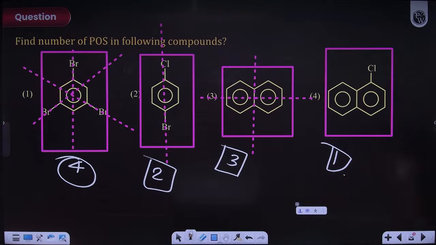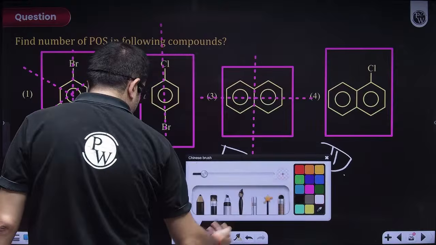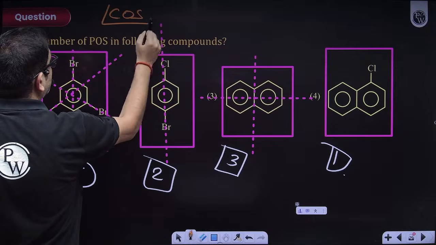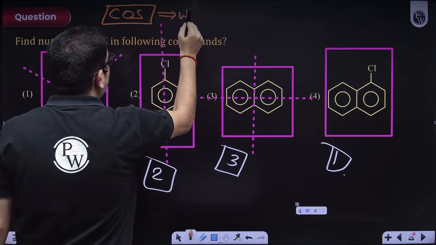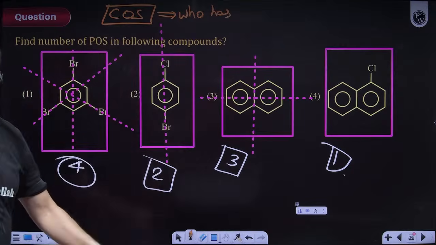Now I am asking one extra question. Among them, not very much required, but if I ask you, who among them has center of symmetry?